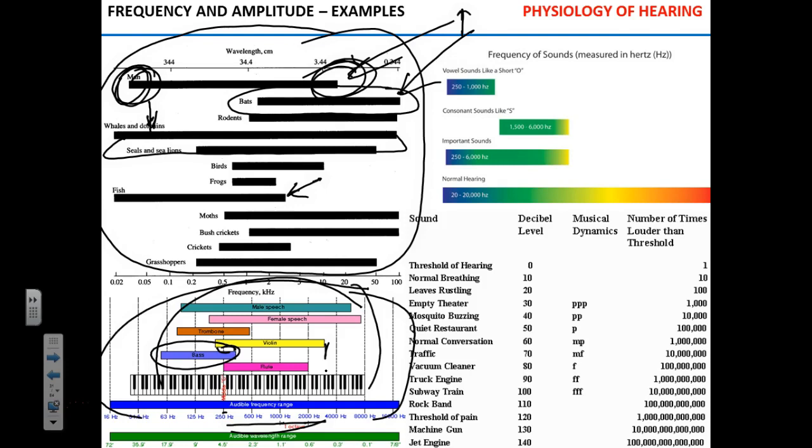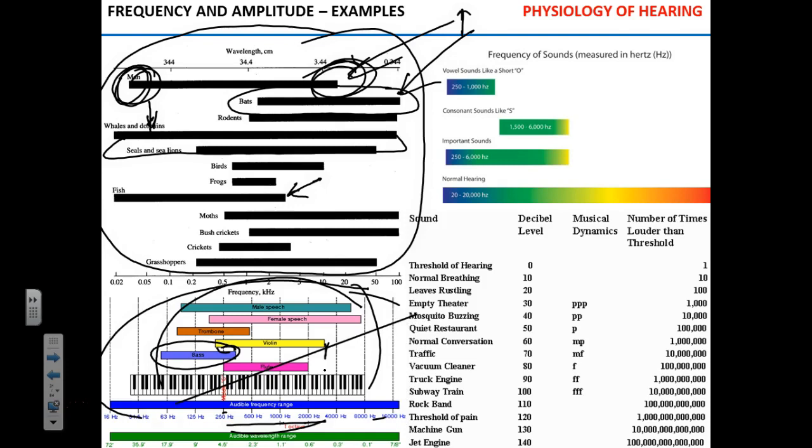Does it make sense? Can we hear something lower than bass? Yes, of course. Not terribly well though. Can we hear extremely high sounds? Yes, not terribly well. We may not be able to distinguish very well between different pitches. Does that make sense?